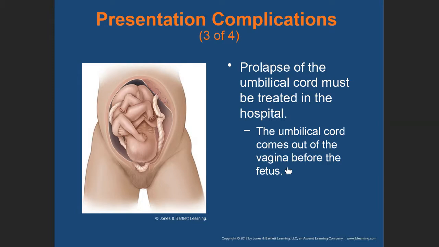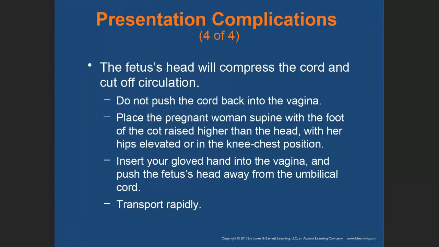So this is another situation in which we would put our fingers inside the vagina to keep the head off the umbilical cord. The fetus head will compress the cord and cut off circulation. Do not push the cord back into the vagina.